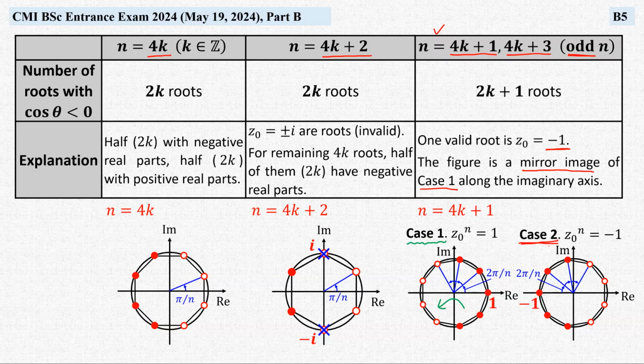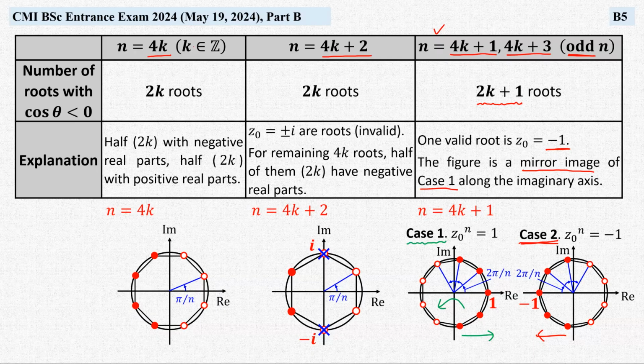Also, the cosine condition for the valid roots is symmetric if you compare case 1 and case 2. The real part must be positive in case 1, and the real part must be negative in case 2. Therefore, the same logic as in case 1 also applies here when counting the number of valid roots.